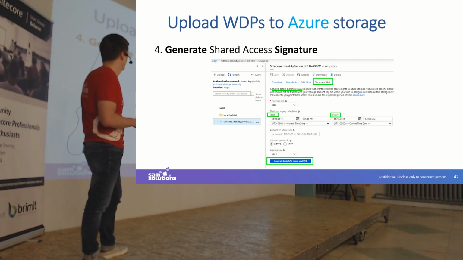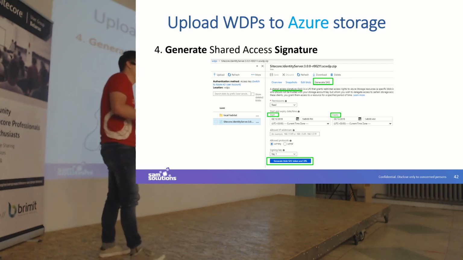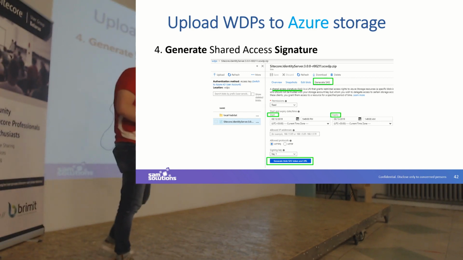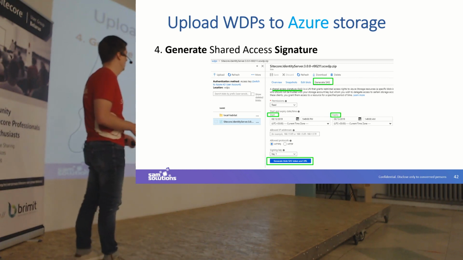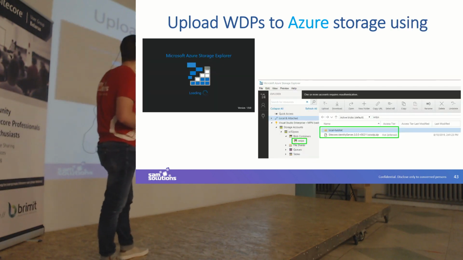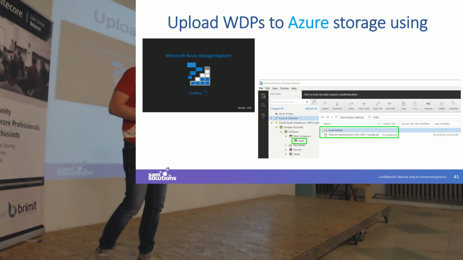By just clicking shared access signature, we can set up expiration for that, and Azure provides for us an additional query string we need to add in our URL for that.